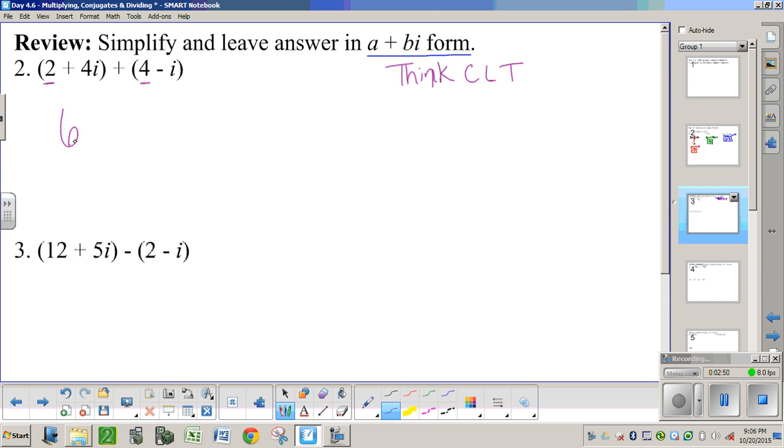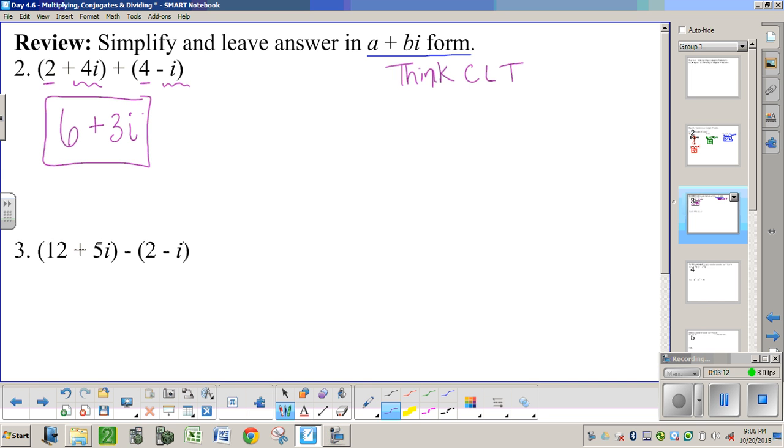That's going to give me 6. And then I'm going to add the imaginary units together. So I have a positive 4i and a negative 1i. That together is going to give me 3i. So this ends up being 6 plus 3i. And again, you want to make sure it's in the correct form, which is your a plus bi form. That imaginary unit has to come second.